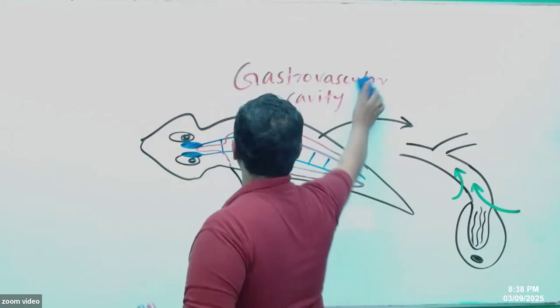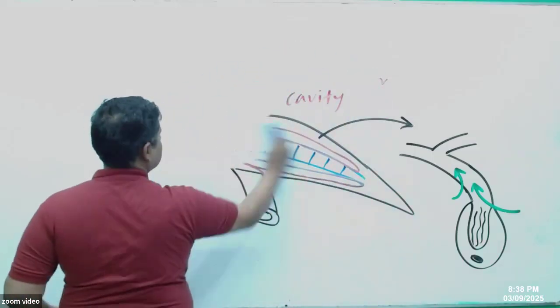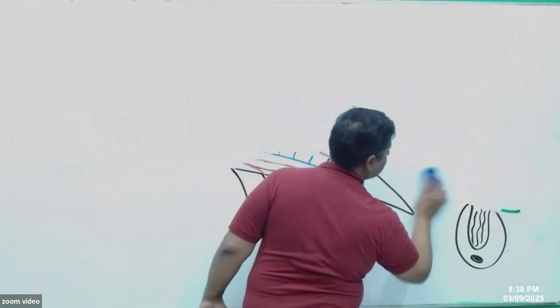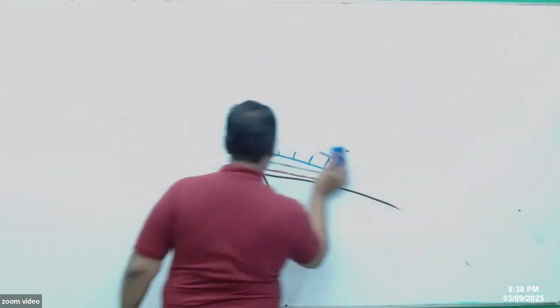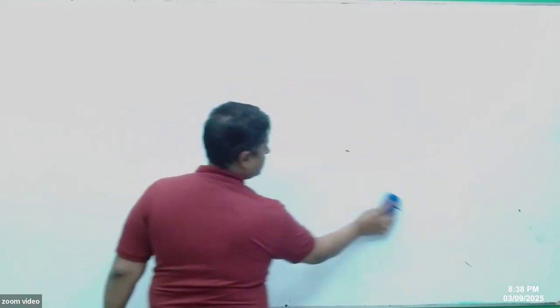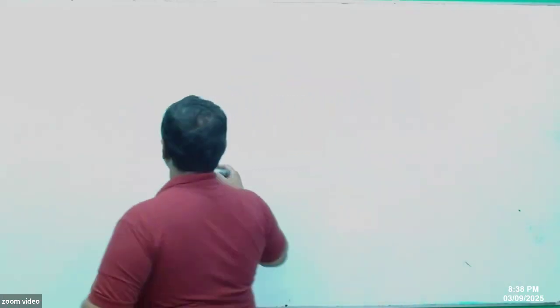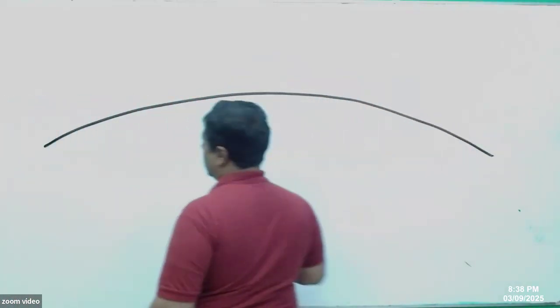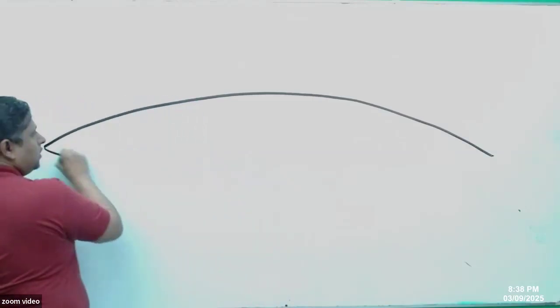What do you know, people, about nematodes? Triple blastic animals, right? Triple blastic animals. So we learned, people, they were the first animals to have a complete digestive tract.